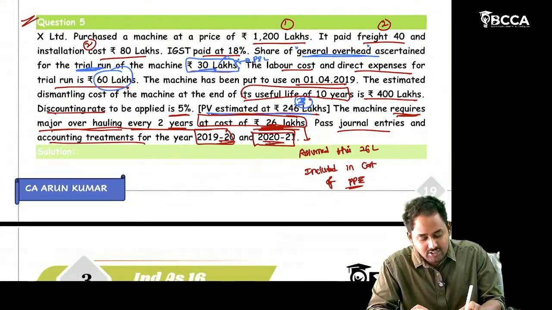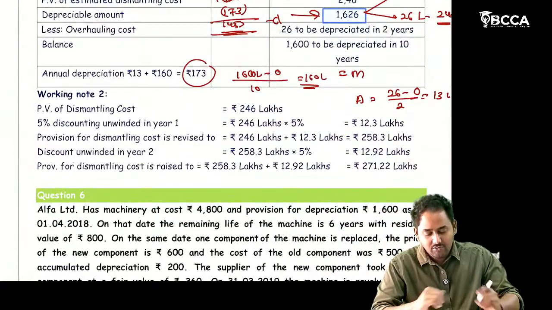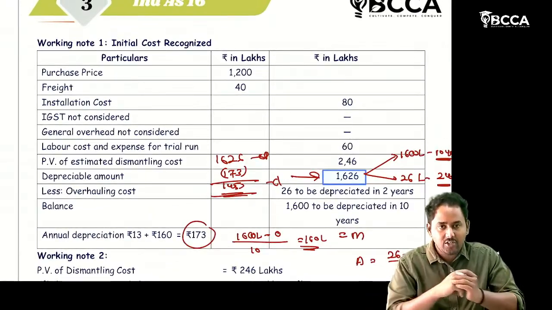Again they are asking for the journal entry for 2021, so I should pass the journal entry for 2021 also. They are asking for the journal entries, but they are not given in our question.